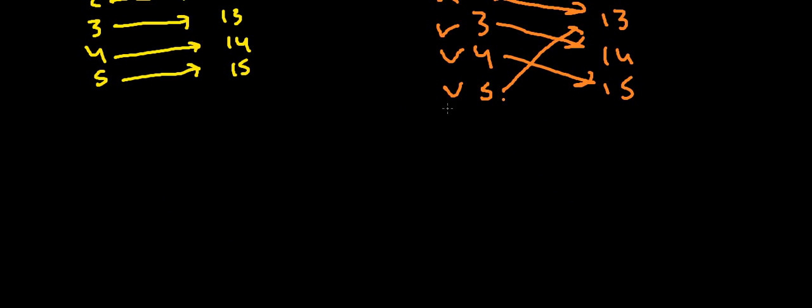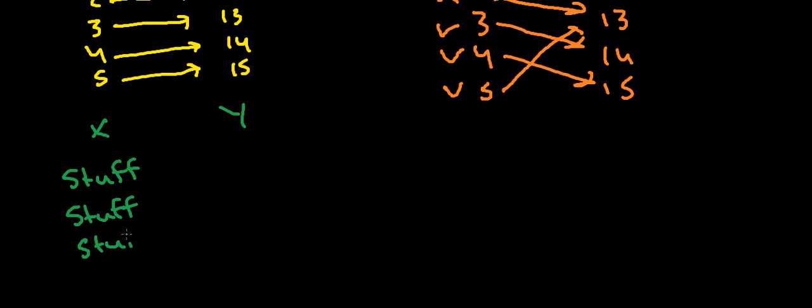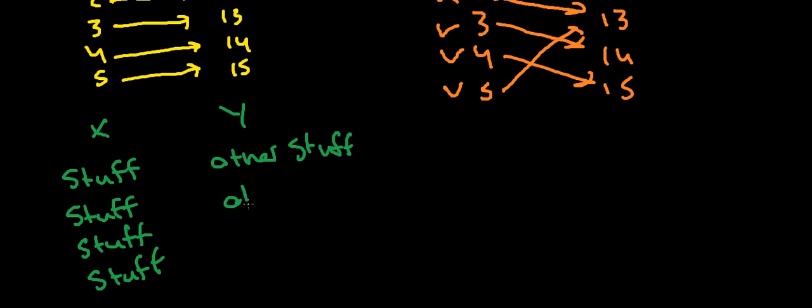Functions can be anything. I could just have x, y, and say I have stuff, stuff, stuff, and stuff. And over here I have other stuff, other stuff, other stuff.